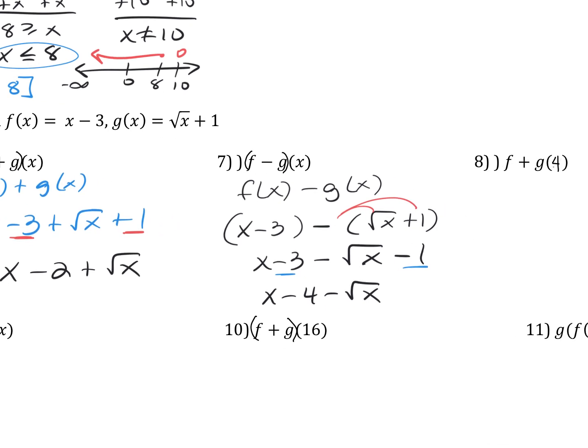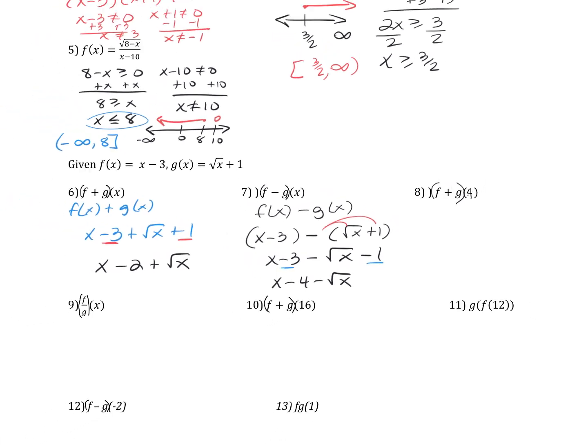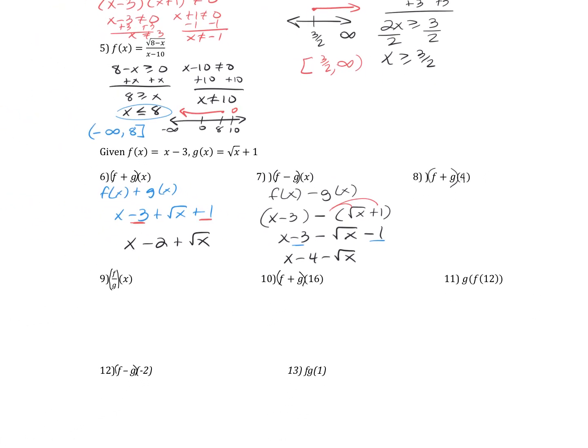Now for the next one, what I wanted you to do here is combine f and g and then plug in 4. I forgot to put parentheses around that. So I'm going to take the answer I got from number 1, and then I'm going to plug in 4 for my x's. That's what it was expecting you to do.